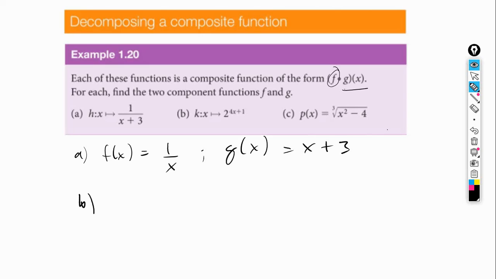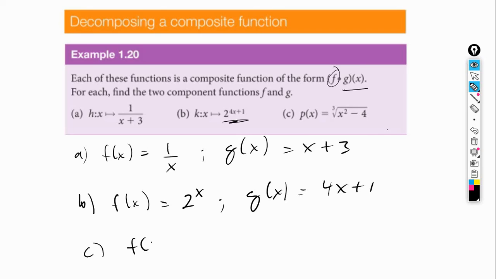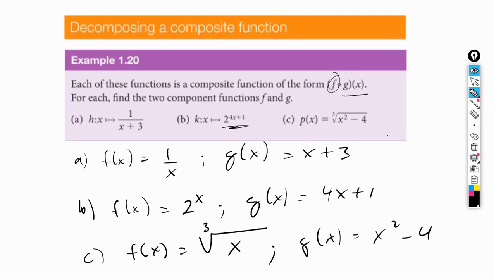For b, because it's an exponential, we can say that f of x is 2 to the power of x, the outside function, and the inner function g of x would be the also linear 4x plus 1. And finally c, f of x, the outer function, would be cubic root of x, and g of x, the inner function, would be x squared minus 4.